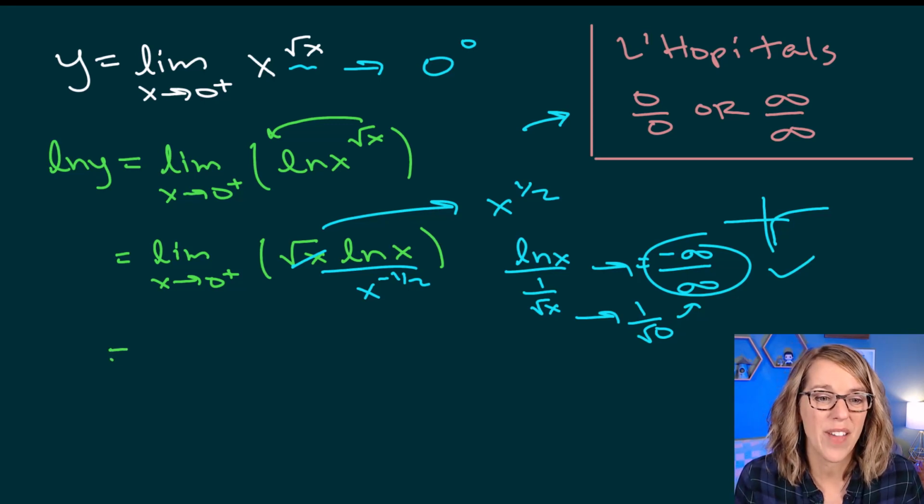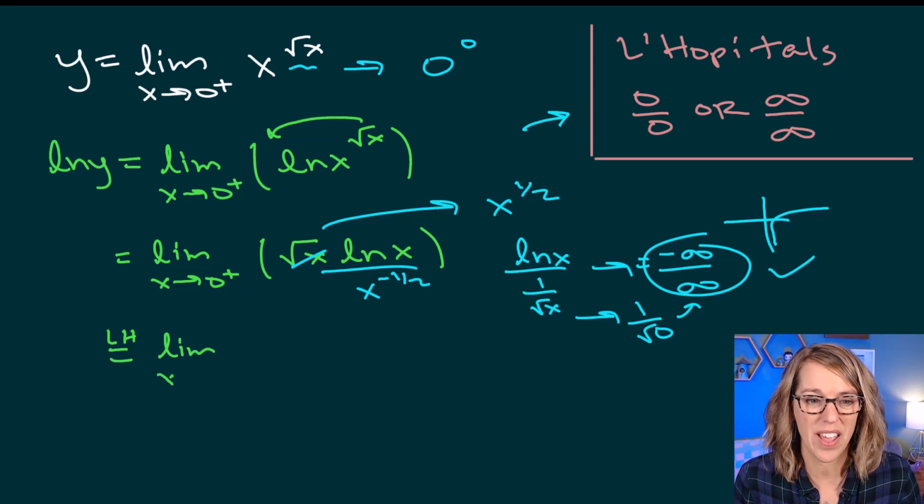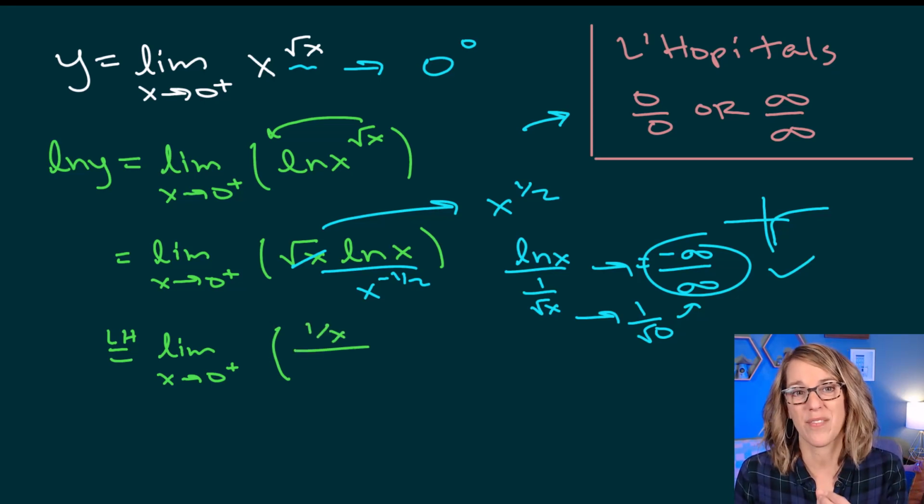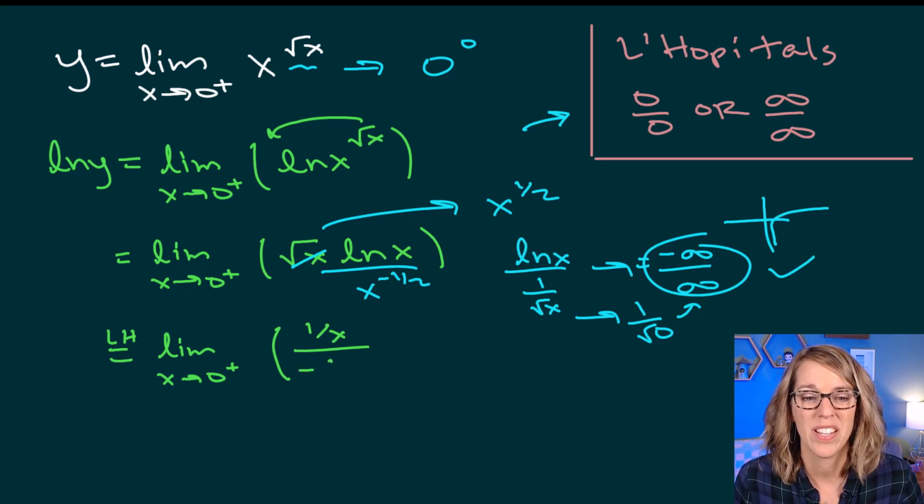So we do end up satisfying the condition of L'Hopital's rule. Let's go ahead and take the derivative of the numerator and the denominator. Still have not applied my limit, so x approaches 0 from the right. The derivative of the natural log is 1 over x, and the derivative of x to the negative 1/2 using a nice power rule, that's going to be negative 1/2 x to the negative 3 over 2.